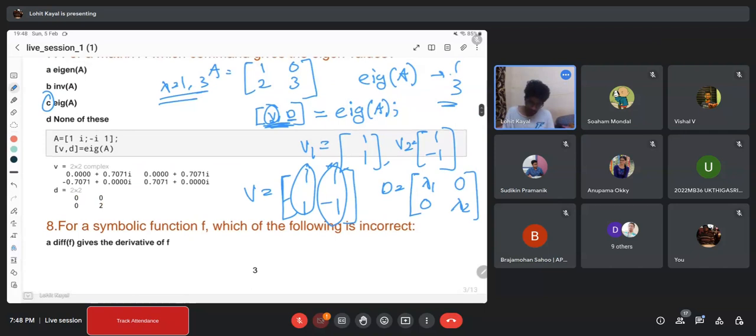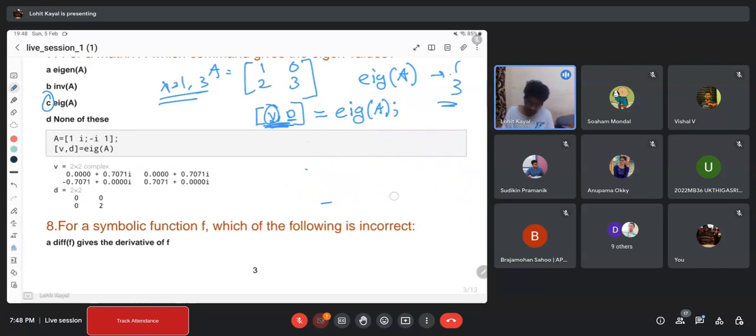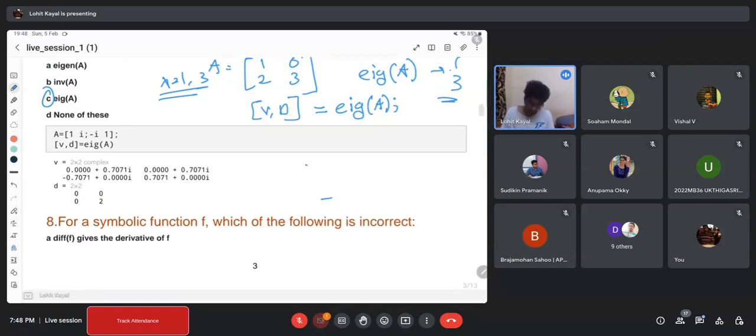Let me repeat it once again. You are writing V, D equal to EIG of A. Then V will contain your eigenvectors, and each eigenvector will appear in a column.